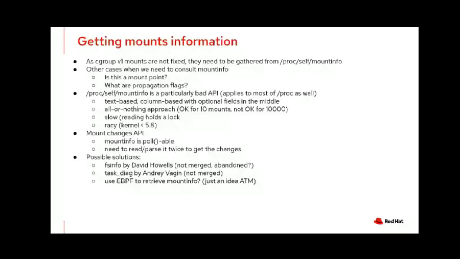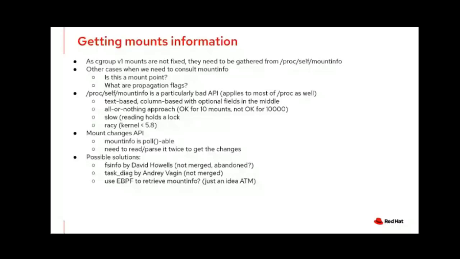The problem is it's text-based, column-based, and not extensible, and you have to do binary to text, text to binary translation. The particular problem with mountinfo is there can be tens of thousands of mounts, and in order to get information about one of them, you have to read them all.